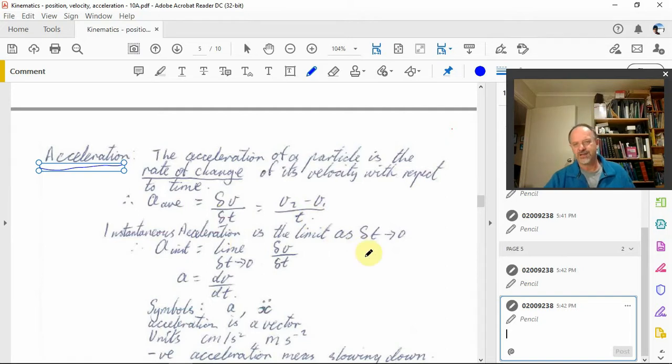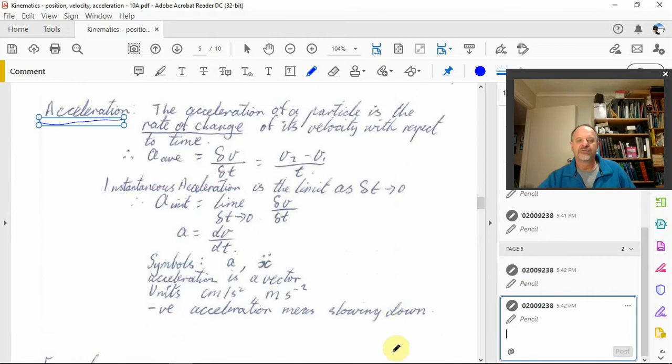And the instantaneous, of course, is the limit as delta t tends to 0, which of course is the derivative. Again, if you want to write this down, you need to pause. And so that's dv dt. So it's the derivative of velocity. Symbols, a or x with 2 dots. Acceleration's a vector, so it's got a direction.